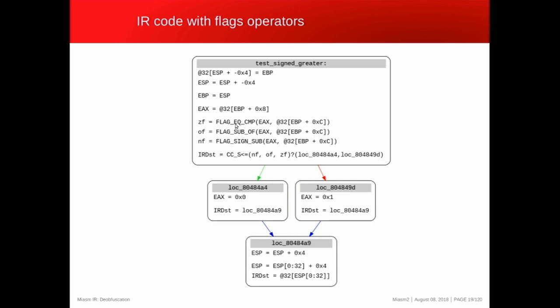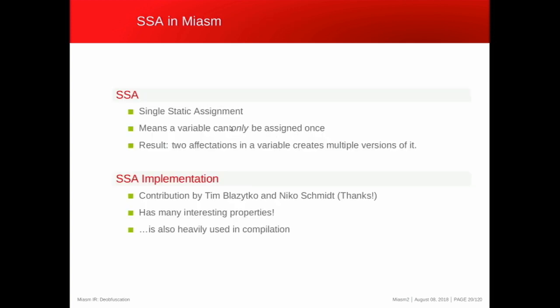And the next step, it's again a bit complicated, so we have to do more than this. So we will try to do propagation in Miasm, and to do this we will have to use static single assignment. It's a new feature in Miasm which has been added by a contribution by Tim Blazytko and Nico Schmitz.